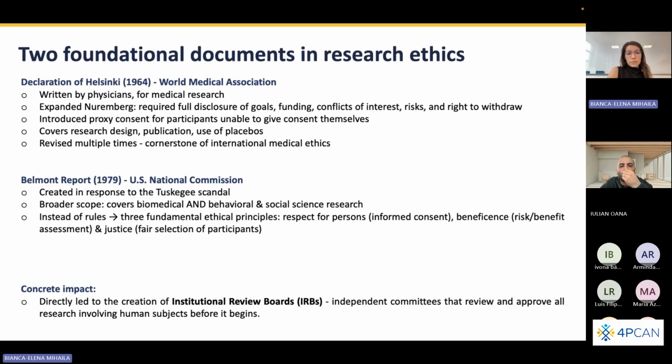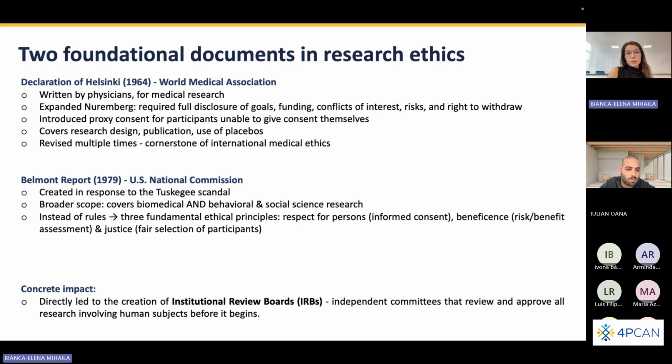It was written by physicians for medical research, and expanded the Nuremberg Code, because it requires full transparency in terms of goals, in terms of funding, in terms of different objectives of the study, of course conflict of interest, or different risks for people that are involved in a specific study.